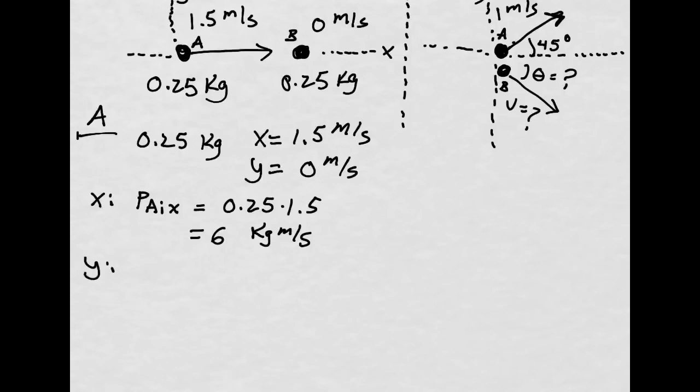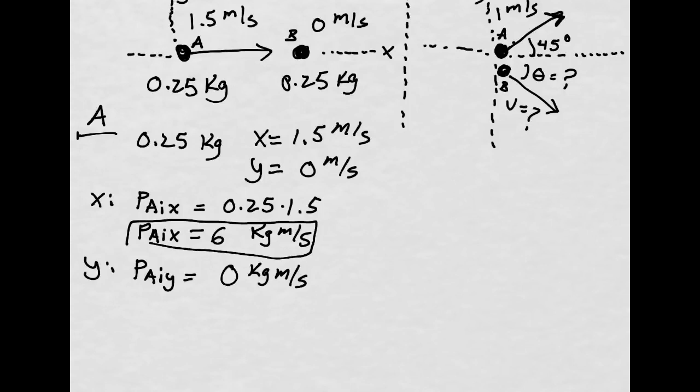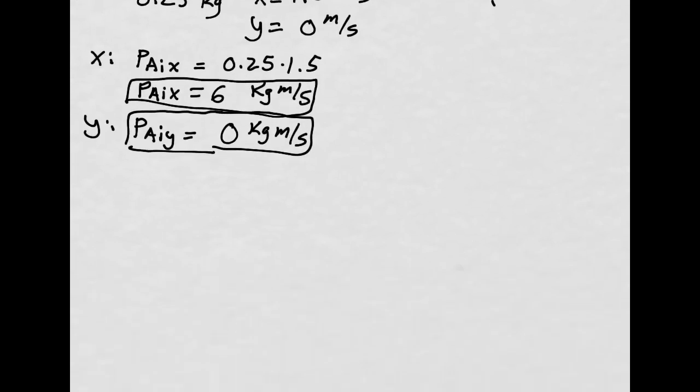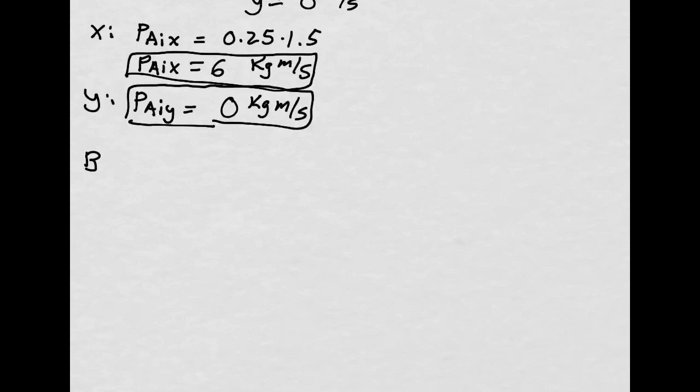In the y direction, P_A initial y, since we have a 0 velocity in y, is just 0. So P_AIX is 6 kilograms meters per second, and P_AIY is 0.